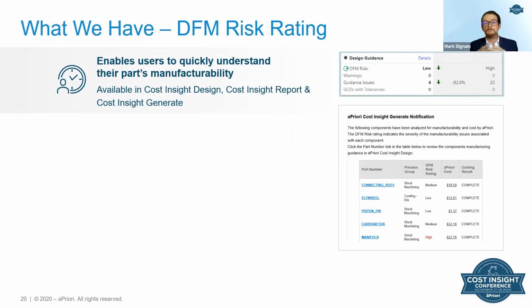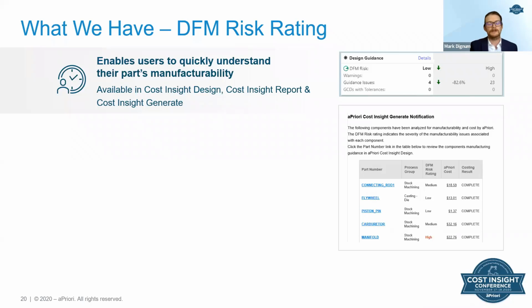One of the recent developments that we've put out allows you to quickly understand whether or not a part is really worth investing time in. As Stan was talking about earlier, a lot of engineers are responsible for hundreds and hundreds of parts and just want a quick understanding of whether they should dive in deeper. That is the DFM risk rating.